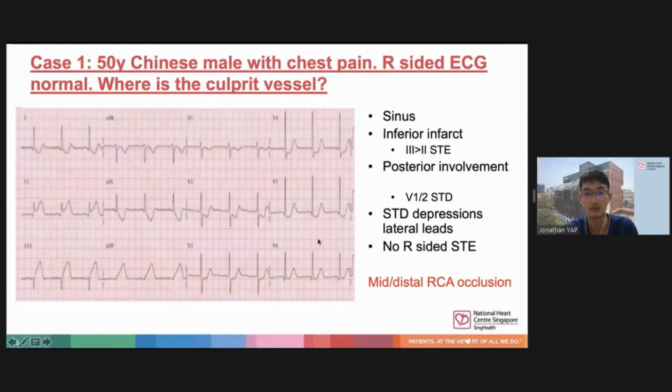Once again, pointing more towards right coronary artery involvement rather than the circumflex. Importantly, on the right-sided ECGs, there were no ST elevations. As such, the site of the occlusion will be more in the mid or distal RCA after the RV branch. So that's how we come to the conclusion that this is a mid-distal RCA occlusion.